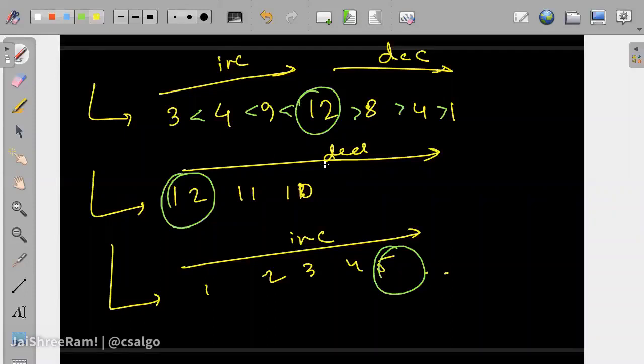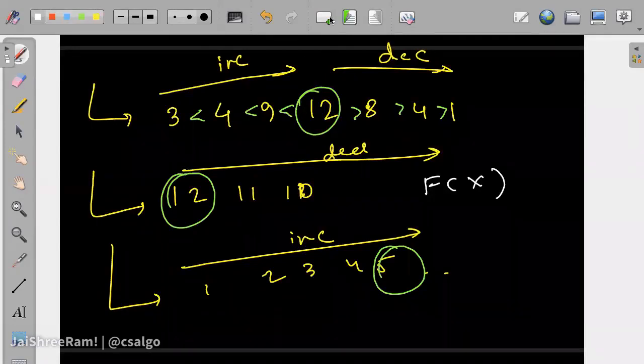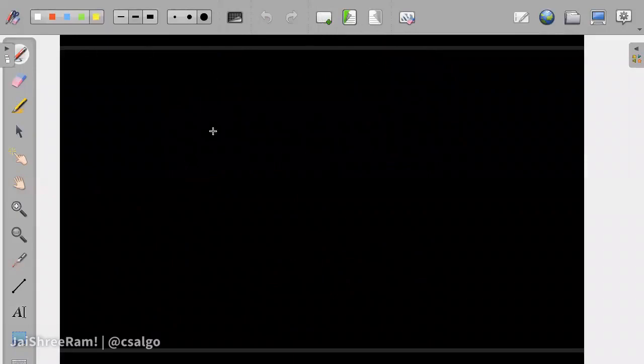Of course we'd be using the traditional technique that we talked about just now. We need to design an f of x such that it converts this problem into a monotone space. Let's take 3, 4, 8, 12, 11, 4, 1, something like this.